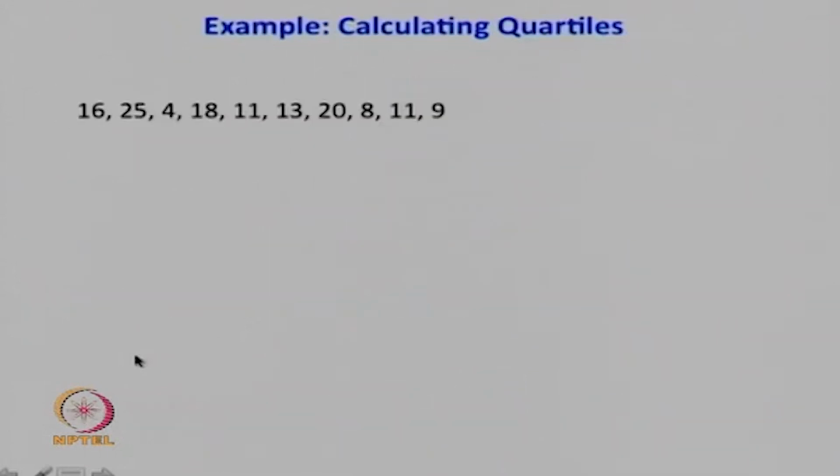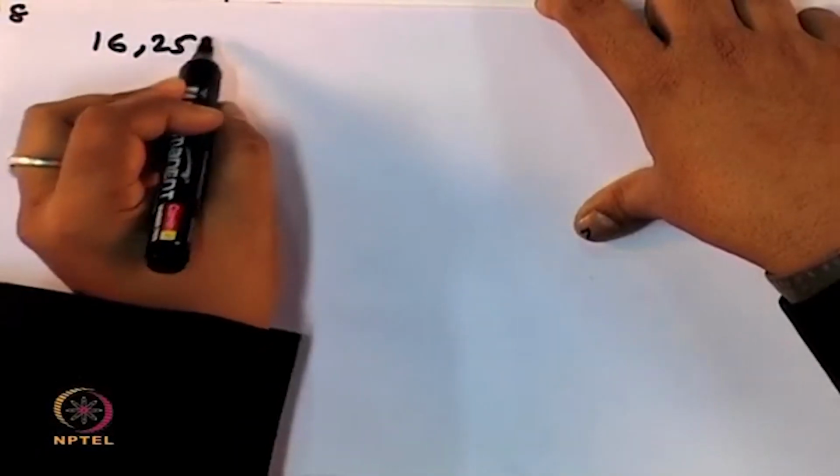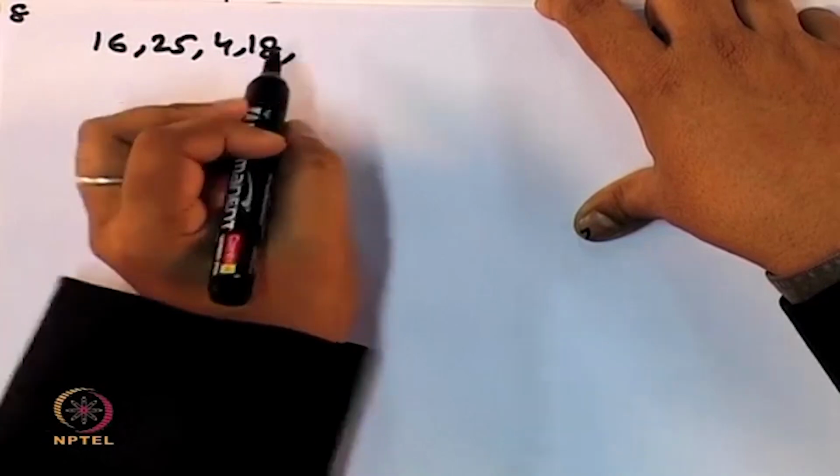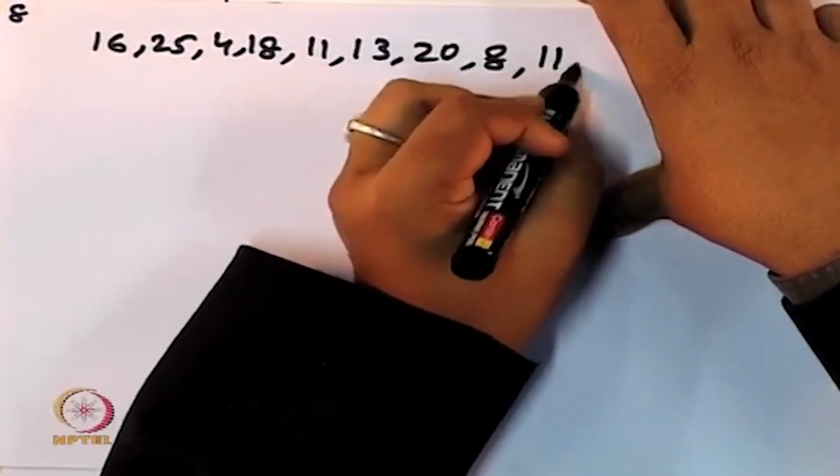So again, let us take the following example. You want to calculate the quartile. You have the following example: 4, 18, 11, 13, 20, 8, 11, 9.